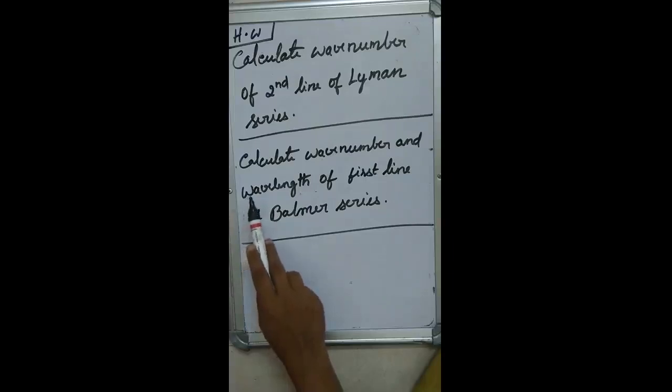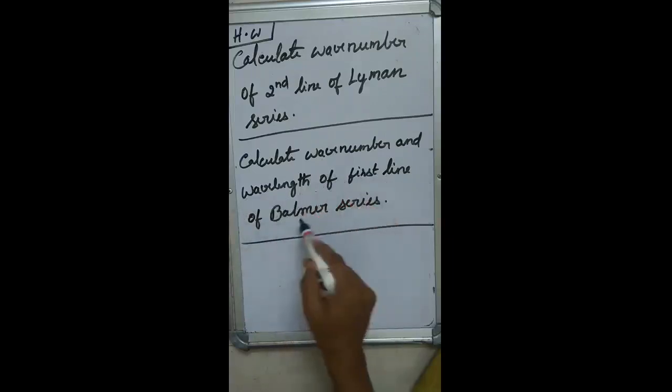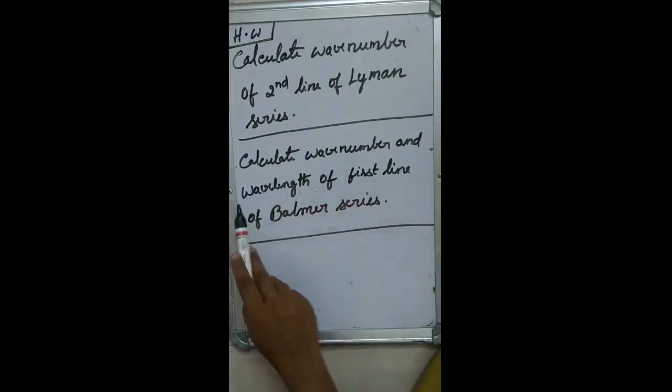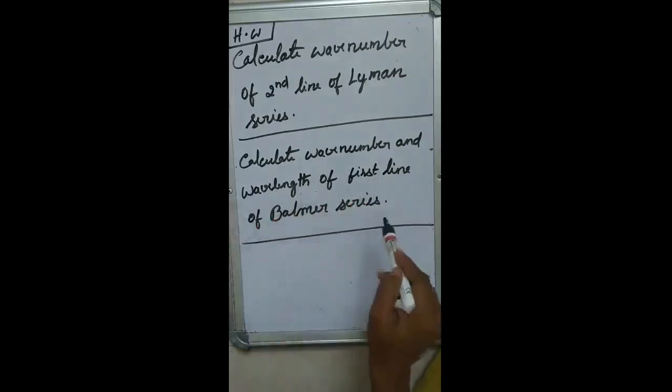Second: calculate the wave number and wavelength, both are asked, of the first line of the Balmer series. I will repeat the second question: calculate the wave number and wavelength of the first line of the Balmer series.